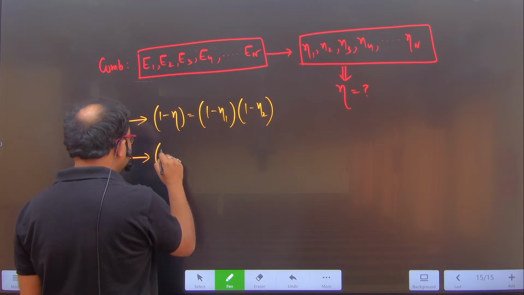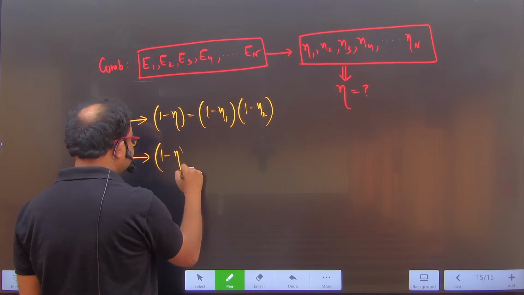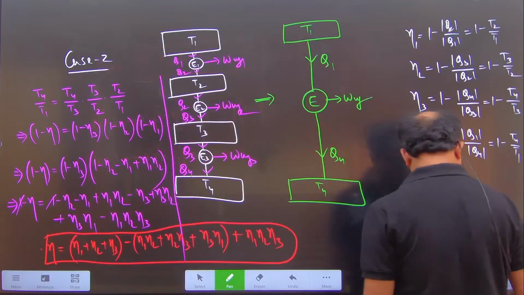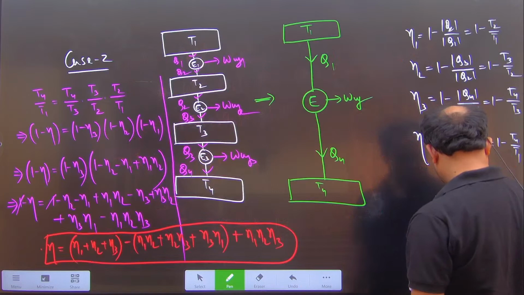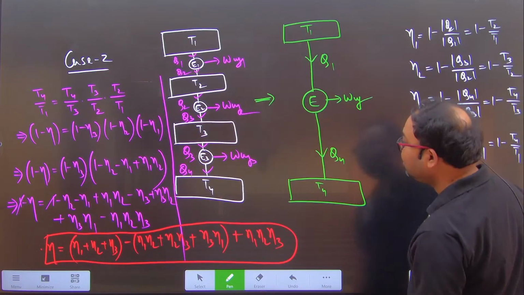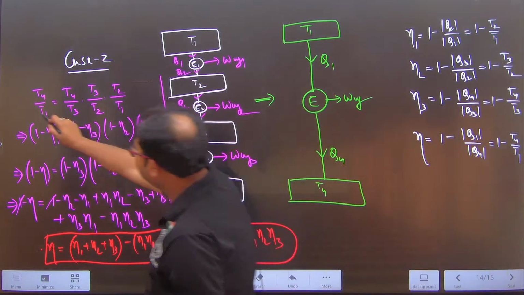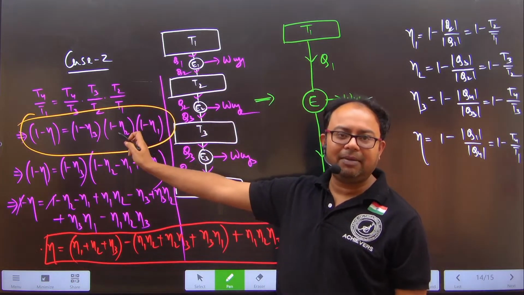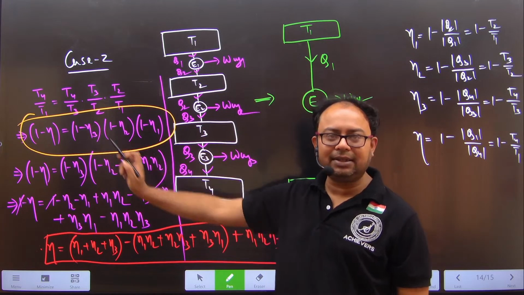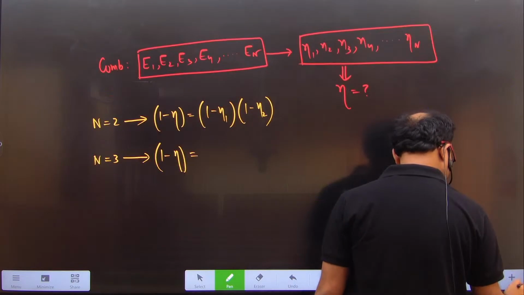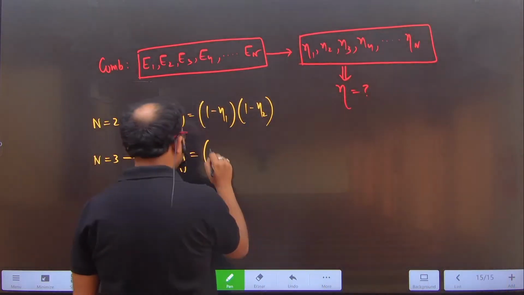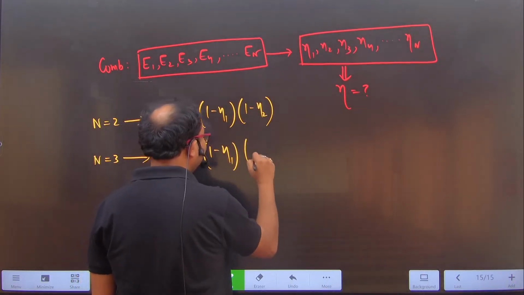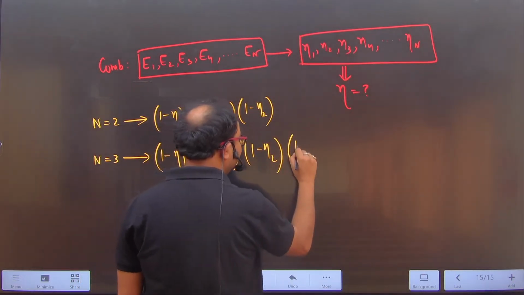For n equal to 3, what you have got? Same. Just now we have done. 1 minus eta equal to 1 minus eta 1 multiplied by 1 minus eta 2 multiplied by 1 minus eta 3.